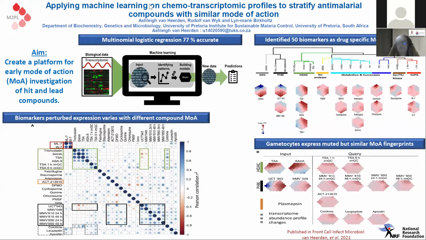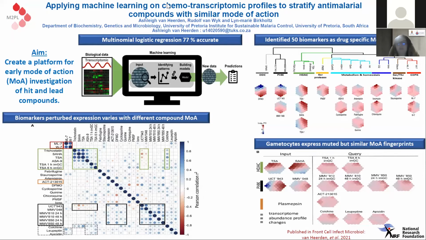For this platform, we wanted to use transcriptomic data, as we saw that within the gene expression profiles of asexual malaria parasites, different drug treatments showed similar perturbed expression patterns due to different compounds having a similar mode of action.